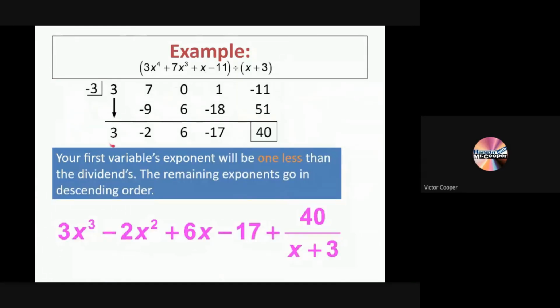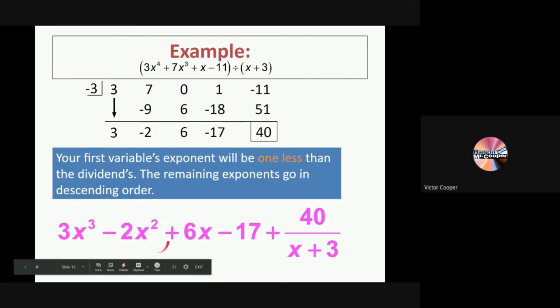All right. We're going to take these numbers and put them in front of new variables, one less in the exponent. So the first one started with a 4, so our first one's going to start with a 3. One less. Got the 3 from here. 3x cubed minus 2x squared.